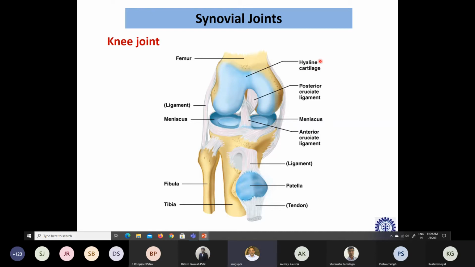Apart from the cartilages, which are common in synovial joints, in the knee joint there is another connective tissue structure. This is known as the meniscus. Just note it, this is in the knee joint only.